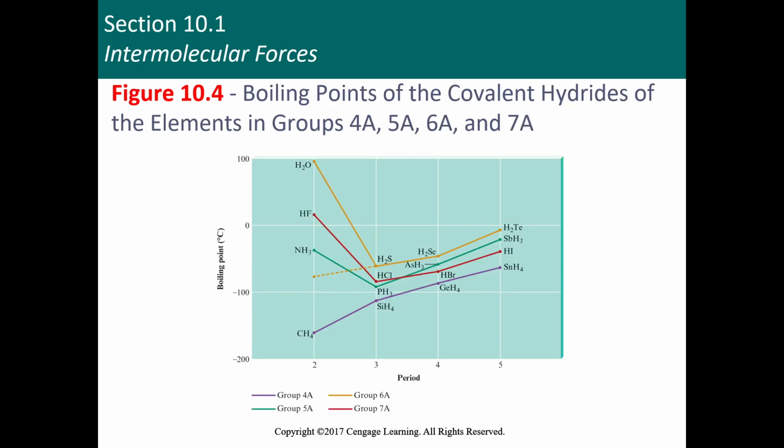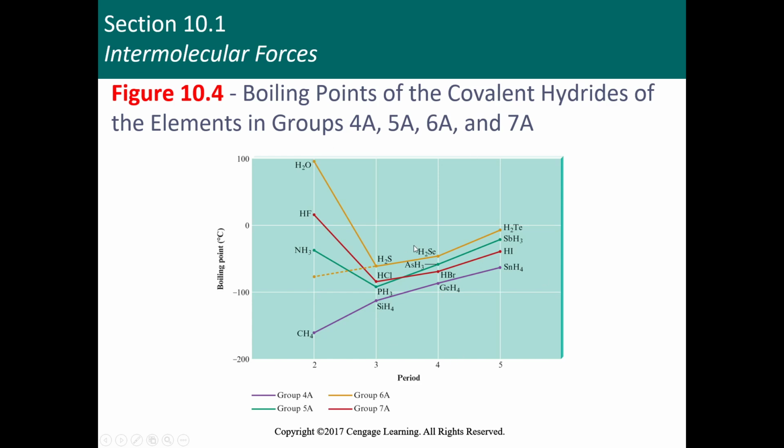All right, so here's some boiling points for covalent hydrides of our elements. They're in group 4, 6, and 7, and 5. So, got out of order there. Right here's group 4. Right here's the one in group 5. This is 7, and this is 6 right here.